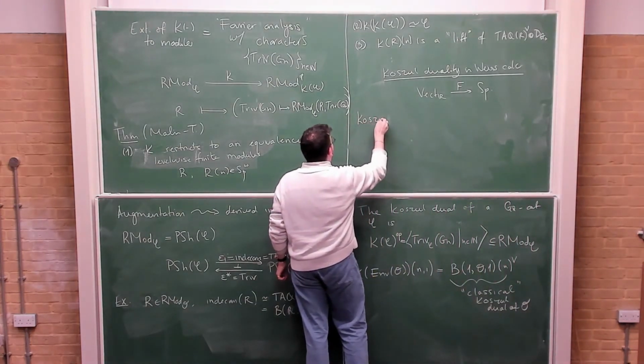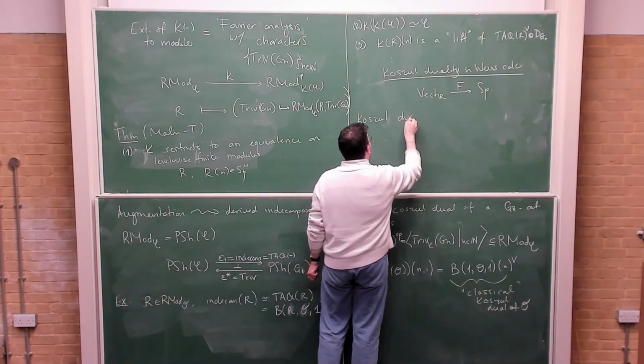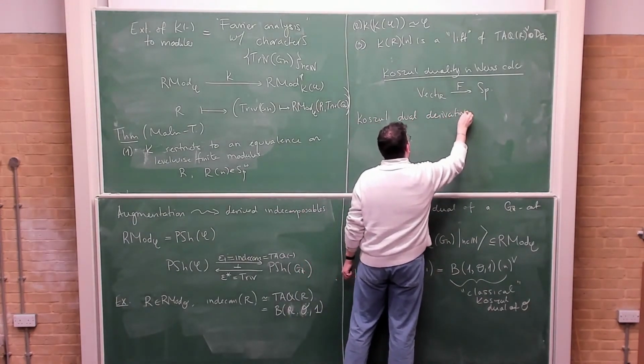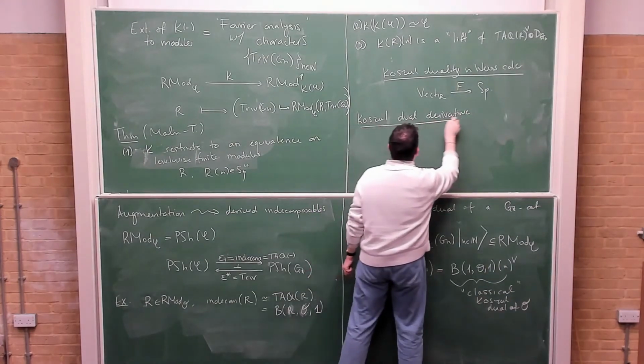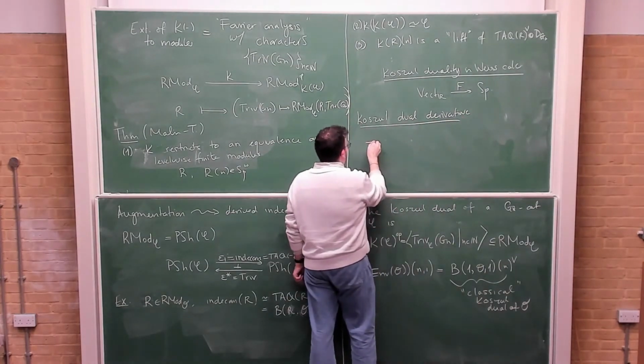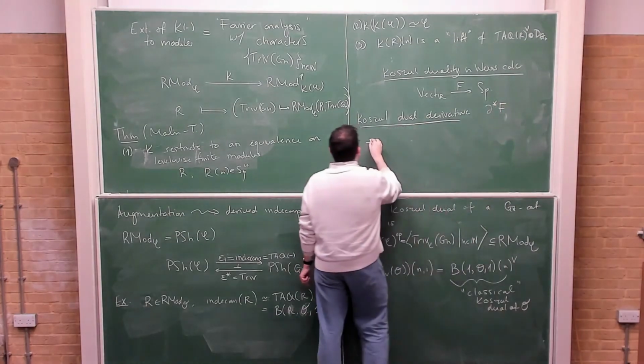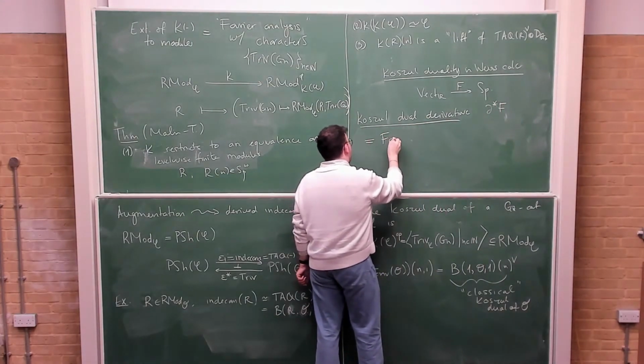So let's define the Koszul dual derivative. And again, I'm going to call this partial upper. And this is again going to be some sort of Fourier transform.